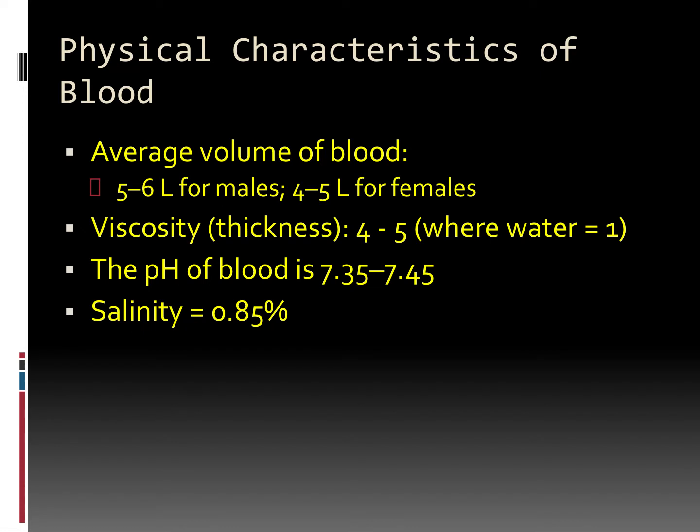The pH, as I mentioned, is just a little bit basic, and that's where the proteins and enzymes that we have work the best. And then the salinity of blood is 0.85%. So there are some salts dissolved in the blood, and those, remember, are important for muscle contraction, nerve transmission, all of that stuff.